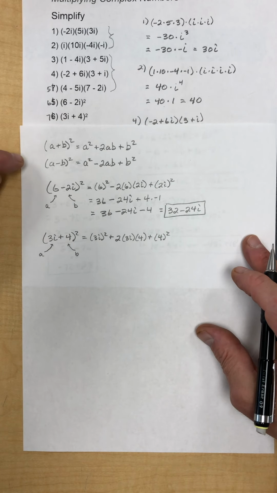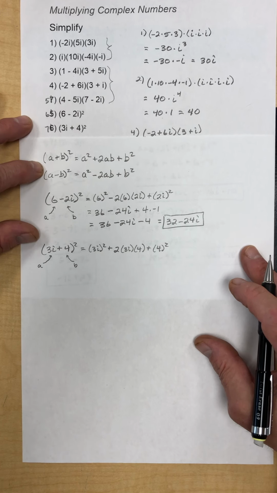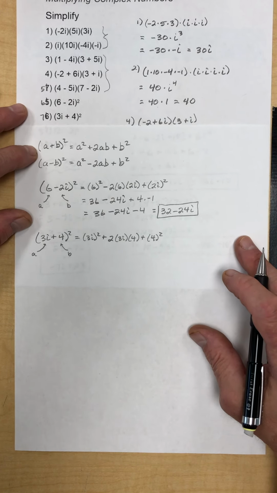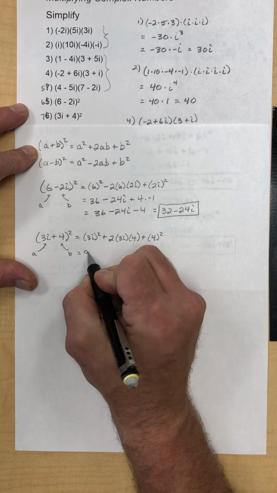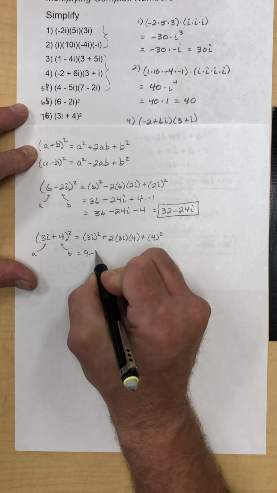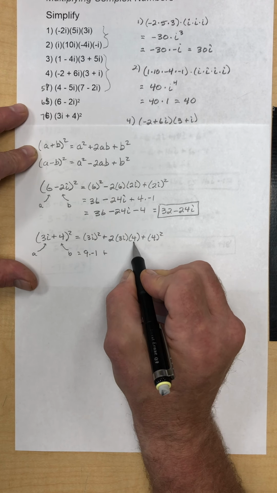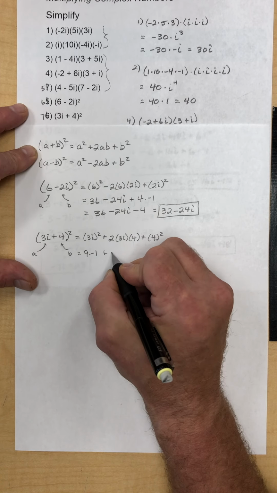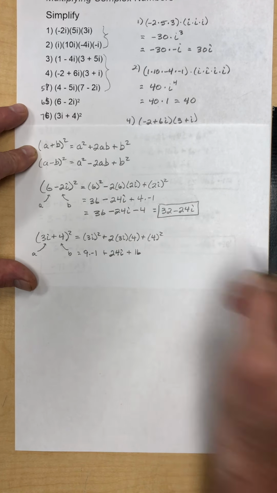Some of you might be really familiar with these, and some of you might not be, so definitely get familiar with them. So let's see. When I do this guy, 3 squared is 9. i squared is -1. Plus 2 times 3 times 4. Well, that's 24 again, so 24i plus 16.